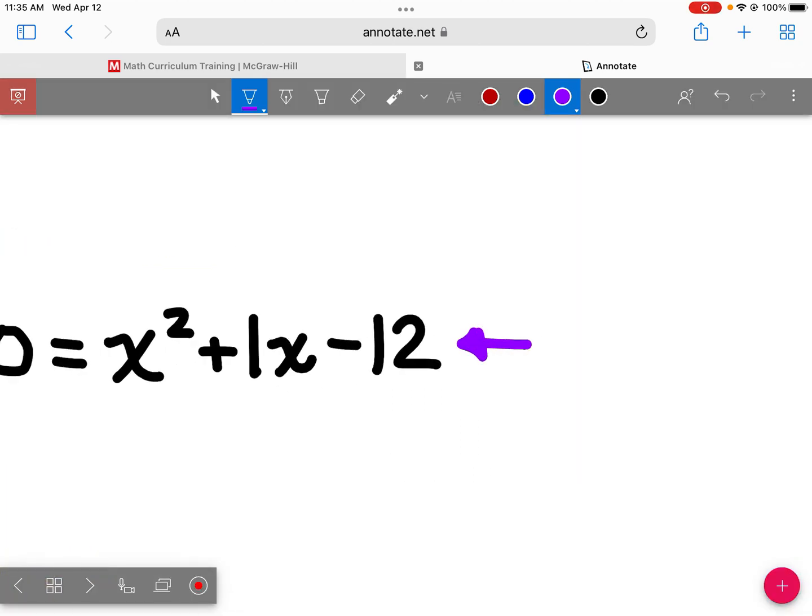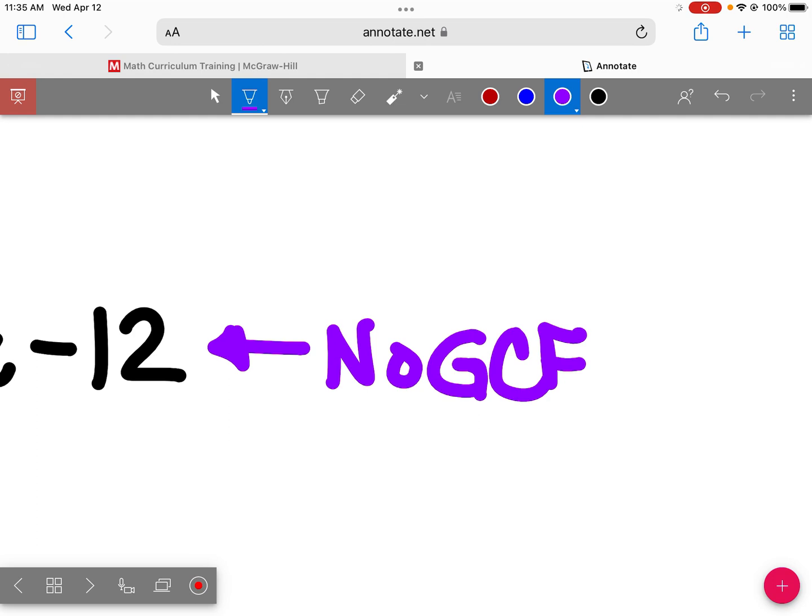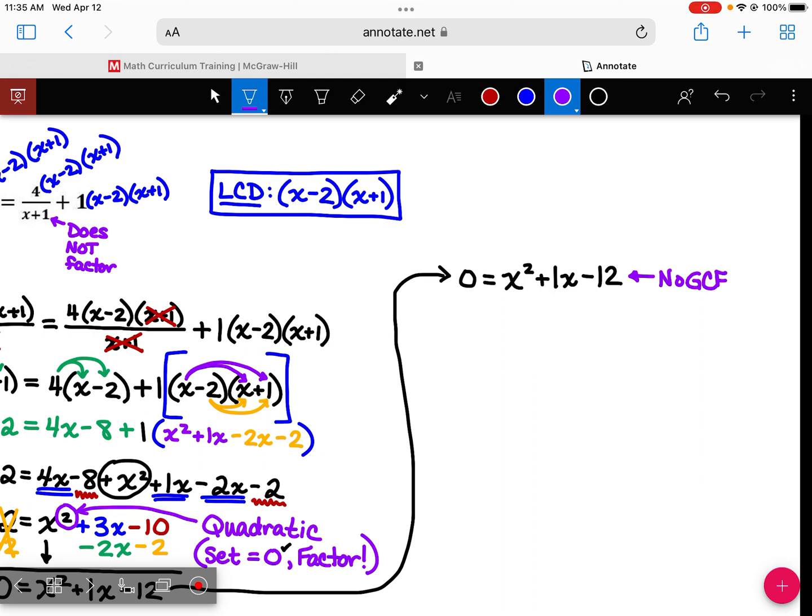What's the first thing I always check for if I'm going to factor? Greatest common factor. Does this have a GCF? No GCF there. So what do I do if there's no GCF? Box it up. Draw an area model, draw an X.